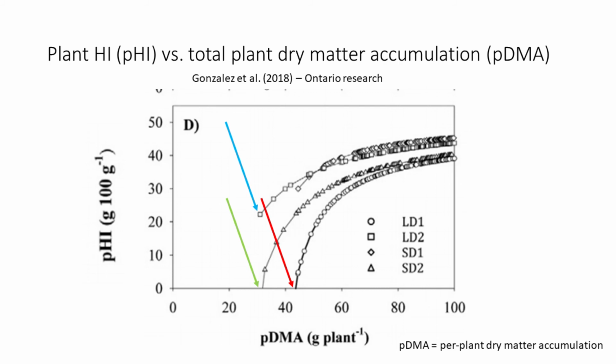It needs greater than 42 grams to actually have a harvest index. That variety in green, with the green arrow, has a minimum PDMA requirement of, let's just call that 30 grams per plant. So that variety needs to be at least 30 grams per plant to actually have a harvest index greater than 0.